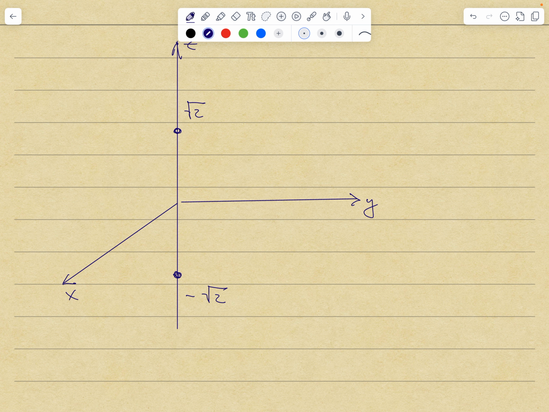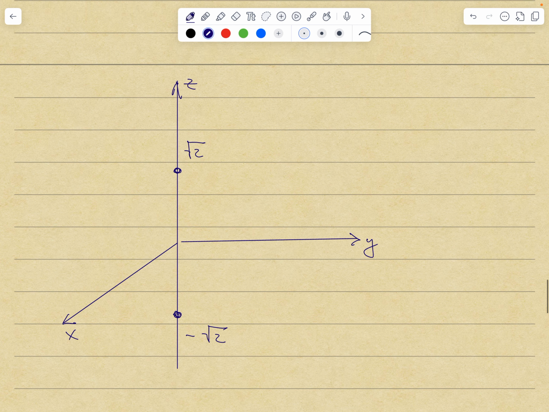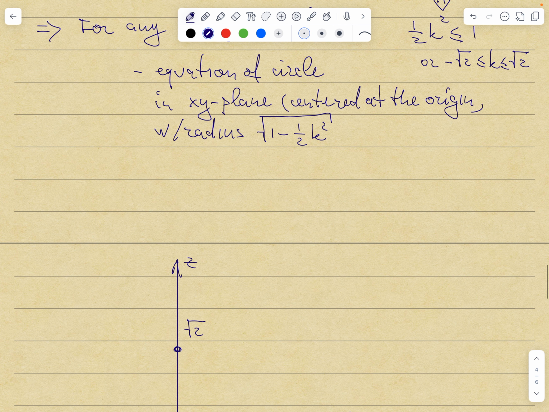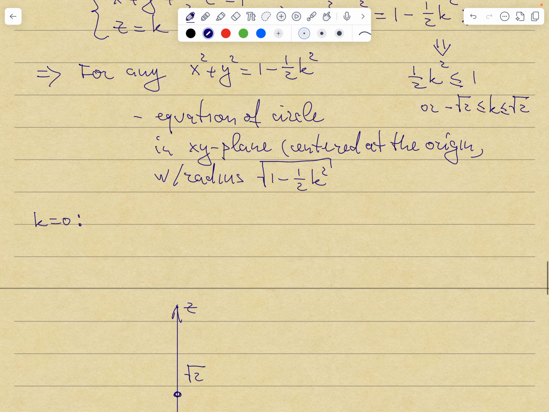Okay, so then let's think what we're going to get if k is equal to 0. So if k is equal to 0, for example, then the circle that I'm going to get is going to be x squared plus y squared equal to 1.